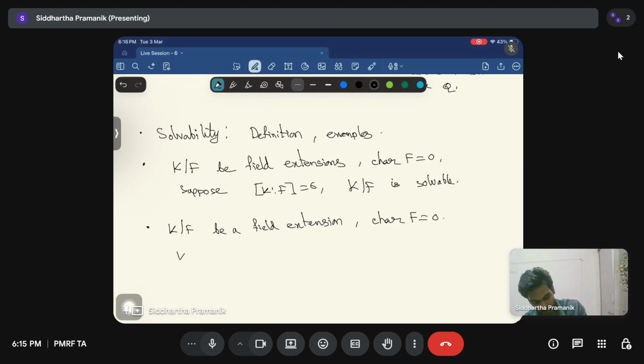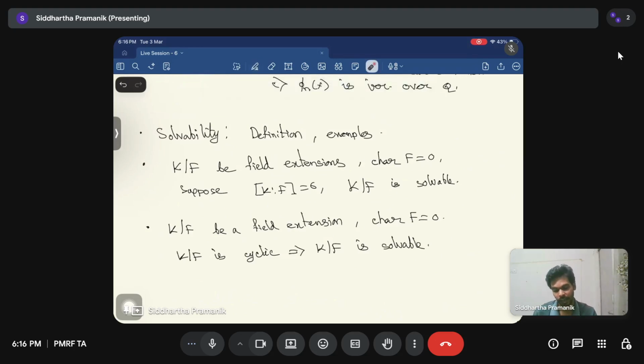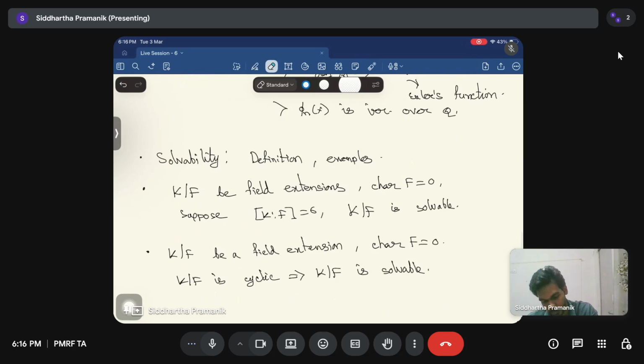Then if K over F is a cyclic extension, it has to be solvable. Again, cyclic extension means it is a Galois extension as well as its Galois group is cyclic. That is the definition of a cyclic extension.